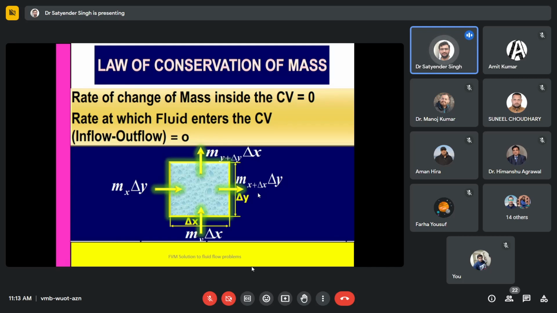These velocities come out, and then deriving the mass flow rate from velocity, we check for a control volume whether the mass entering is the same as the mass leaving. For that we set one convergence criterion, and when it is satisfied, we say our solution has converged. So this is the overall role of conservation of mass that we'll keep in mind, and later we will try to use it also.